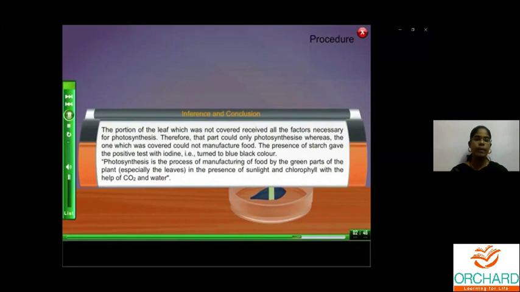Therefore, that part could only photosynthesize, whereas the one which was covered could not manufacture food. The presence of starch gave the positive test with iodine, that is, turned to blue-black color. Photosynthesis is the process of manufacturing of food by the green parts of the plant, especially the leaves, in the presence of sunlight and chlorophyll with the help of carbon dioxide and water.